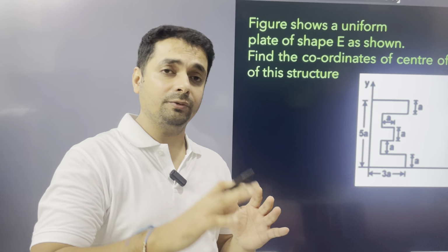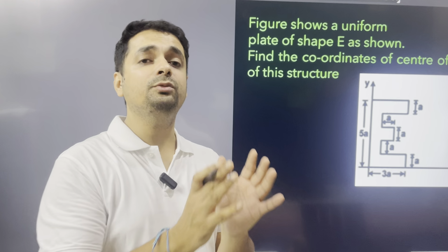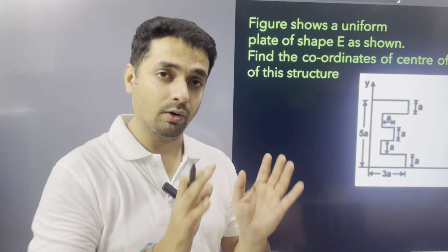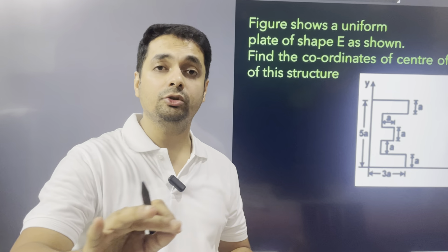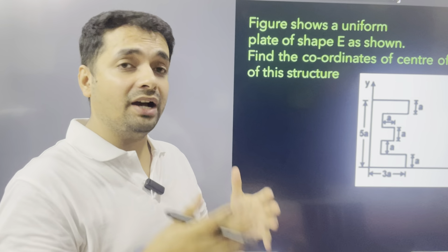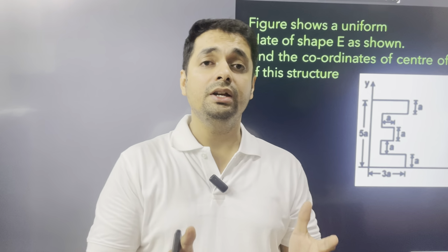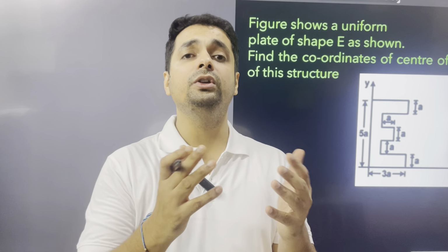If it is uniform, mass is uniformly distributed over its area, so mass is proportional to area. Similarly, if mass is distributed over its volume, mass will be directly proportional to volume, if it is uniformly distributed.